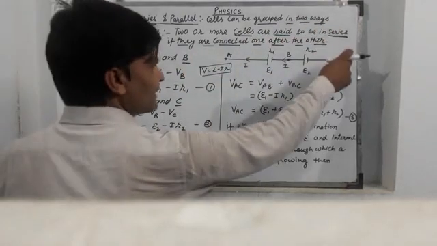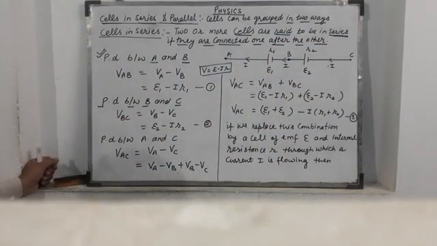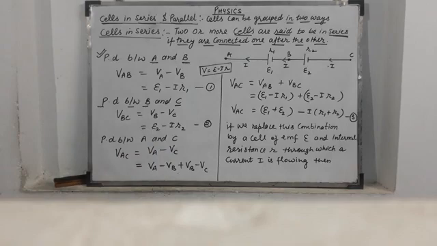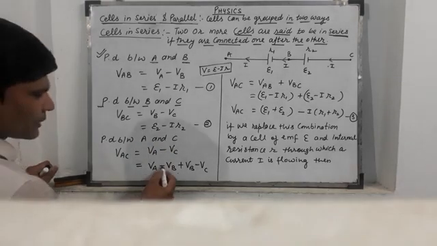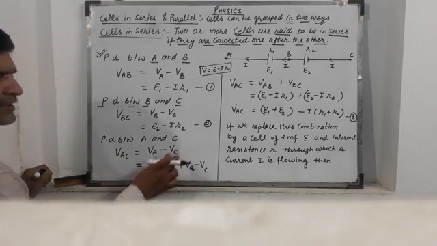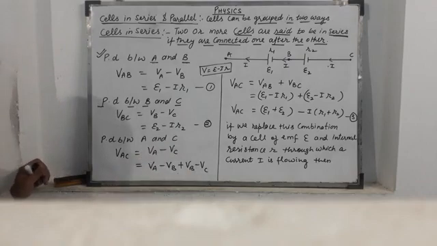Now, the potential difference between A and C, that is VAC, is equal to VA minus VC. If we subtract VB and add VB in this equation, there is no effect.